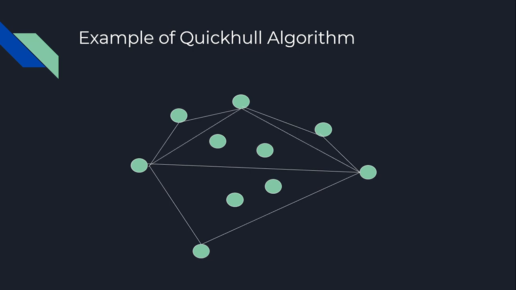We keep on doing this until no more points are left and the recursion comes to an end and the points constitute the convex hull. Then we remove the intermediate steps lines and the convex hull would look like this. This is the final convex hull.